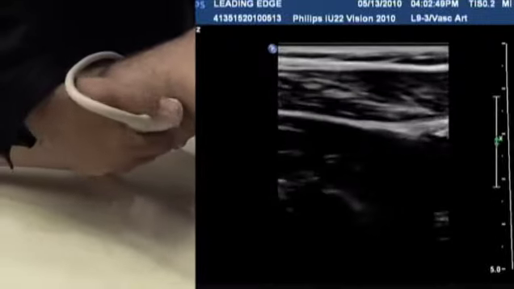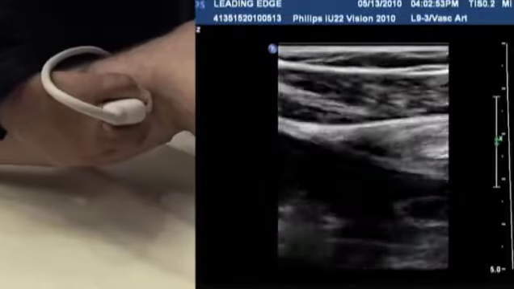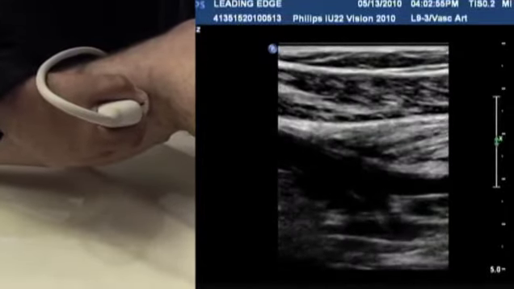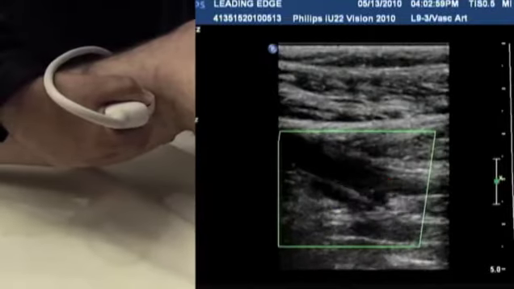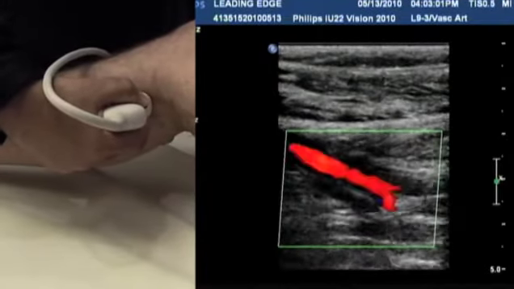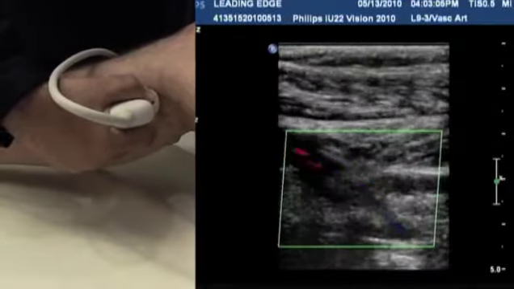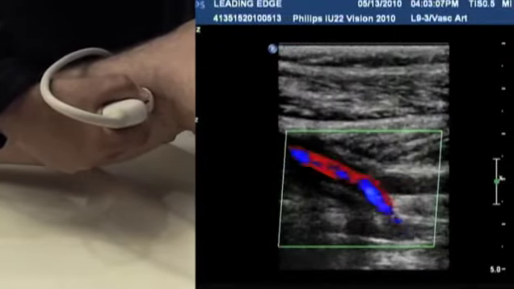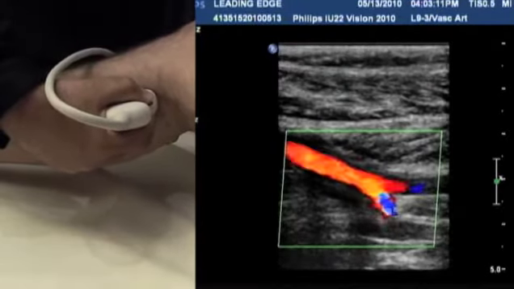Let's just take a quick listen to the anterior tibial artery, and I think this is important because there will be a segment of the anterior tibial artery that won't be visualized, and many times you will have to depend on changes or not in the waveform to tell you about that short area of the anterior tibial that's not seen.